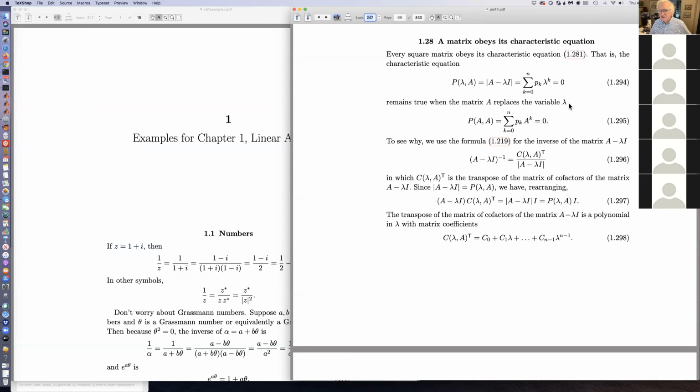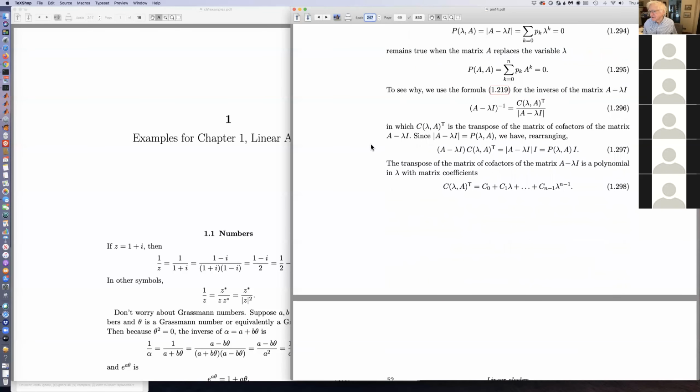And it remains true when the matrix A replaces the variable. So in other words, it's P of A equals zero, where lambda to the K is actually A to the K.